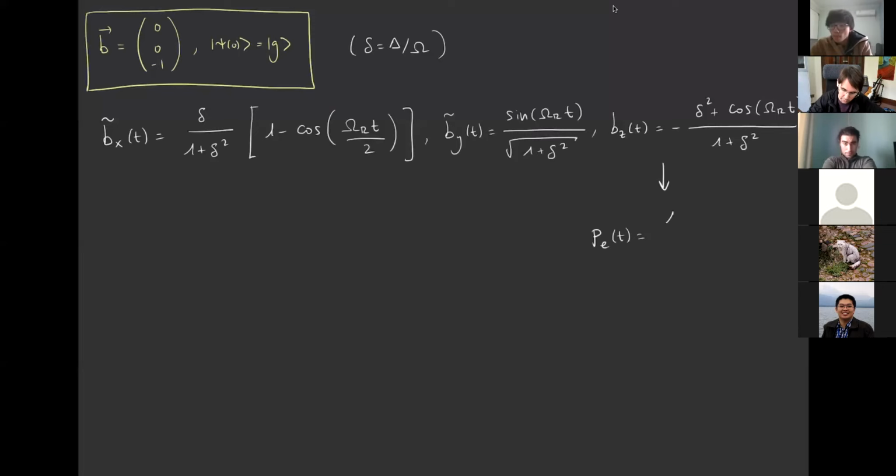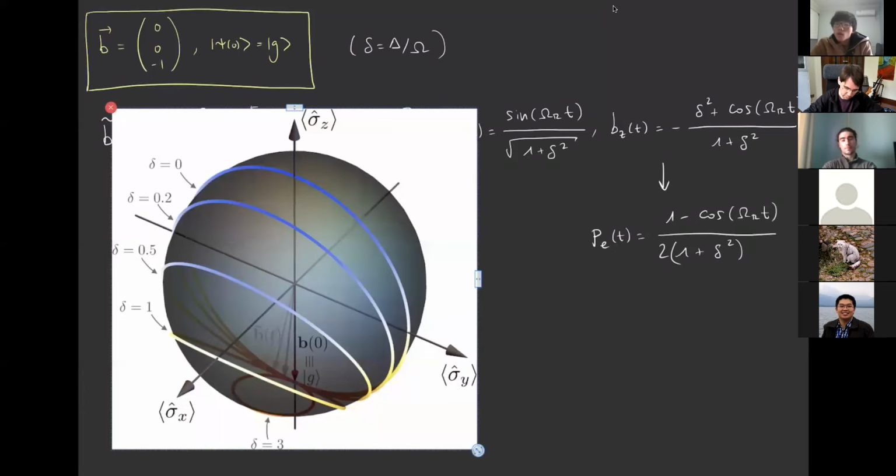That's given by 1 minus cosine of omega R t, divided by 1 plus delta squared. Sorry, there is a factor 2. You can check that this is the result, and let's then discuss it. I show you the plots to discuss it. So first of all, let me show you the trajectory.